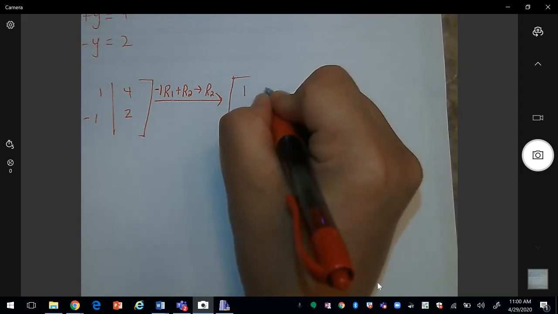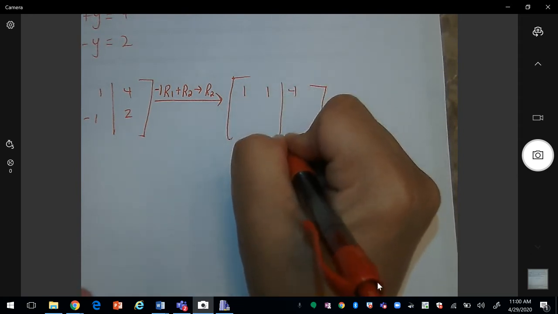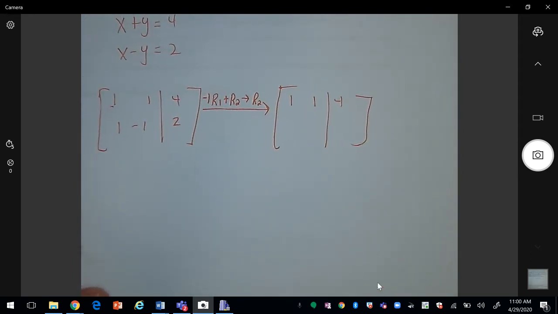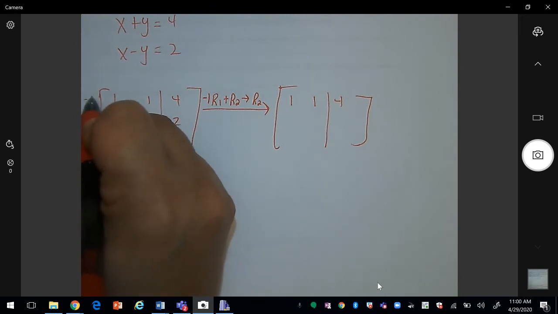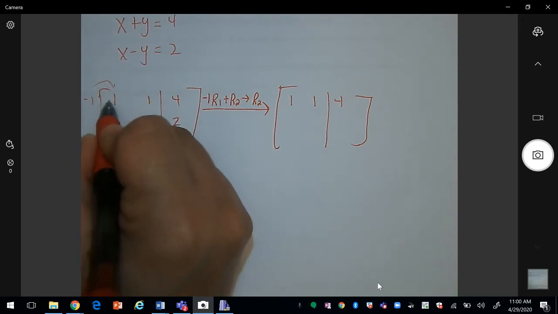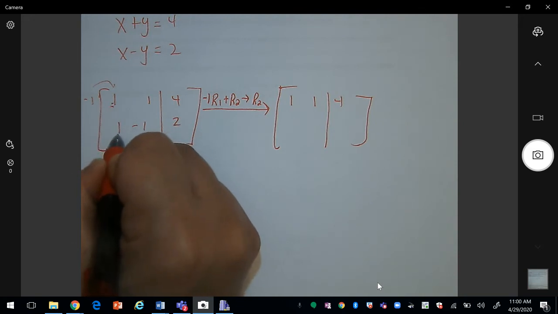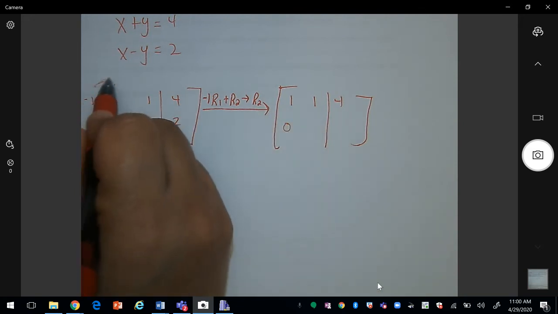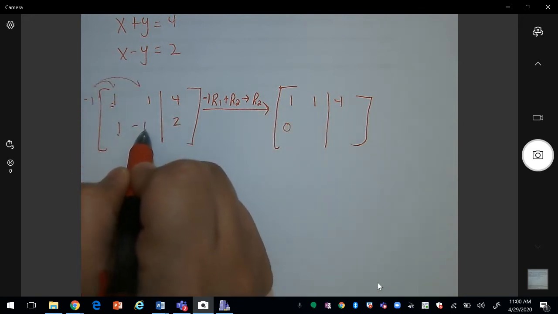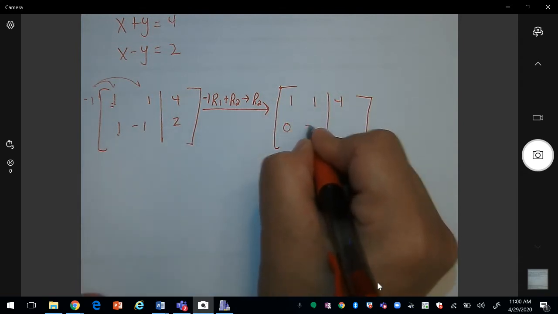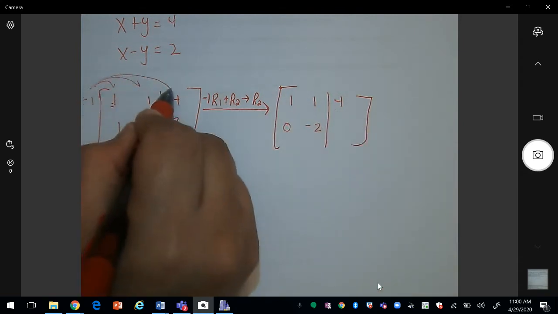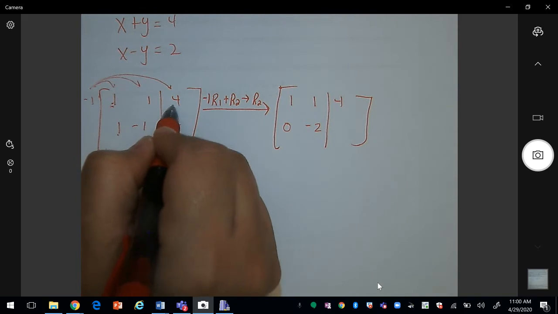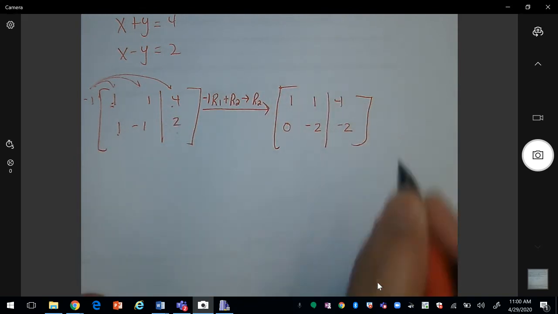So I'm not going to change row 1, so I'm just going to write it down. And so now I can multiply this row 1 by -1. -1 times 1 is -1, plus 1 gives me a 0. -1 times 1 is -1, plus a -1 gives me a -2. And -1 times 4 is -4, plus 2 is -2.